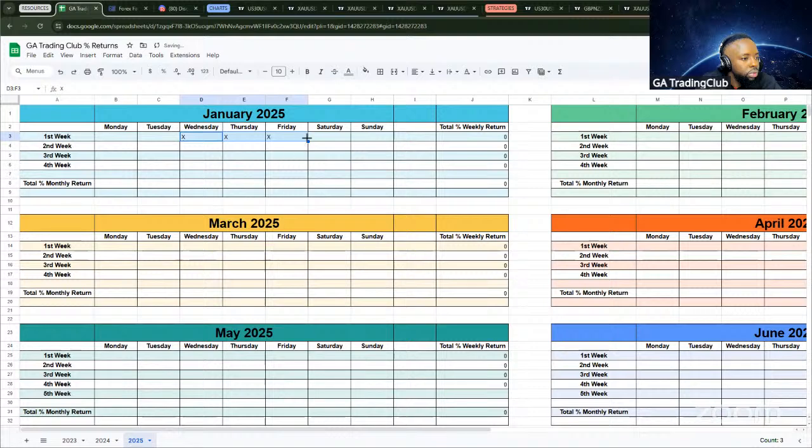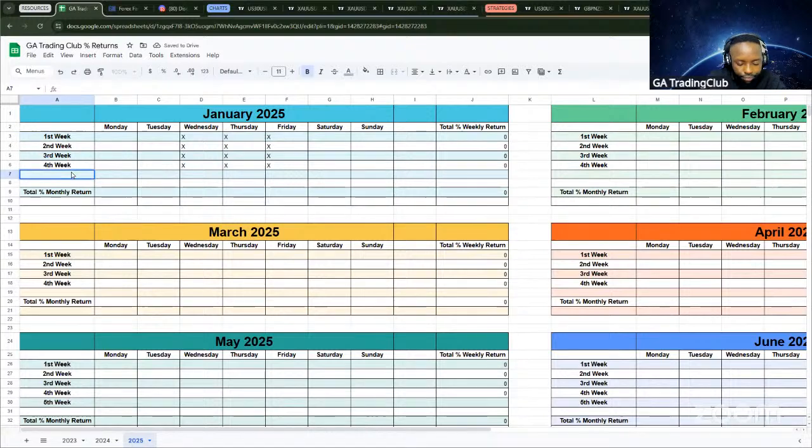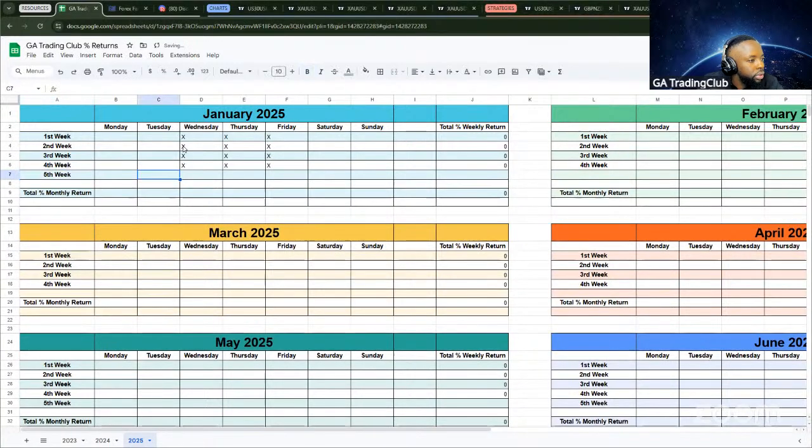1, 2, 3, 4, 5. So no trades, no official trades then in January, February.